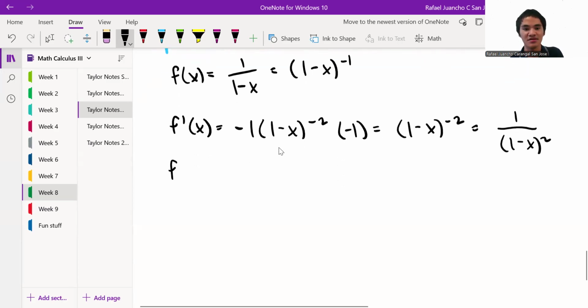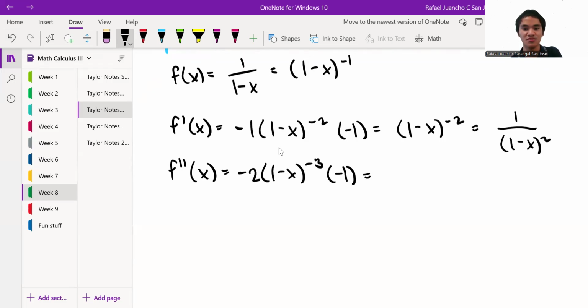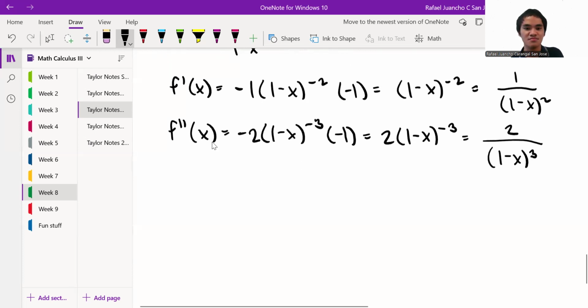And then let's keep going. F double prime. So now we take the derivative of this one, right? So this is minus 2, 1 minus x to the minus 3, chain rule, 2, 1 minus x to the negative 3, which is 2 over 1 minus x to the third, right?